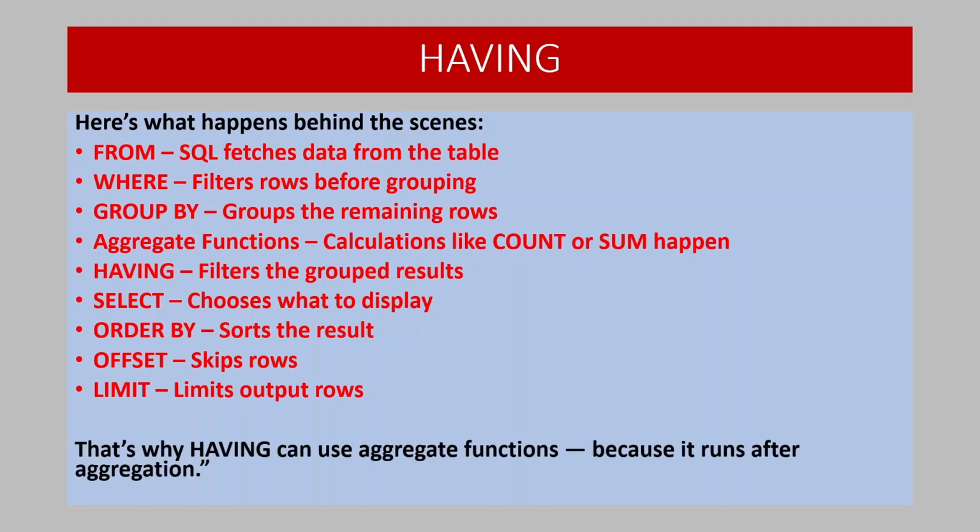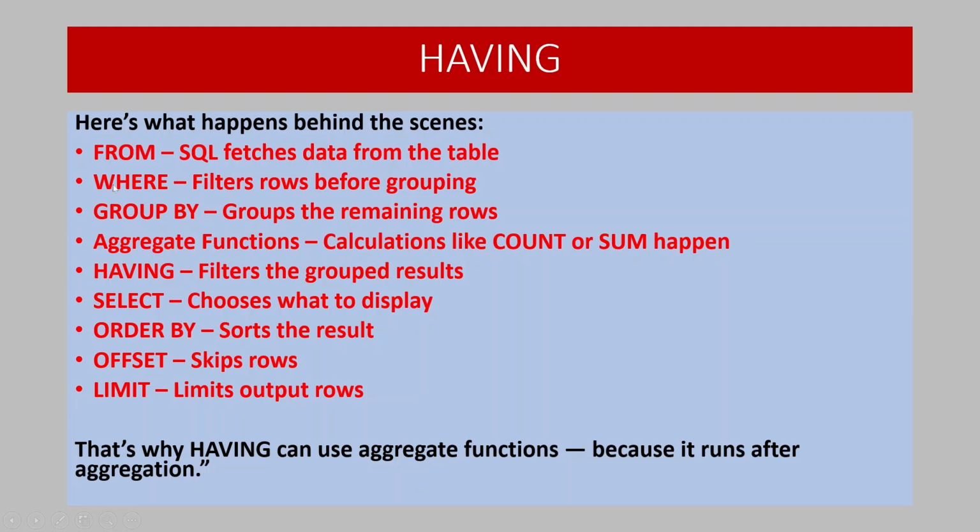So that's why HAVING can use aggregate functions, because it runs after aggregation. WHERE will only filter rows, but HAVING will filter based on aggregate functions. That's the reason it runs after the aggregation. If you see here, GROUP BY, aggregate function, then only HAVING comes. HAVING doesn't come before the GROUP BY.